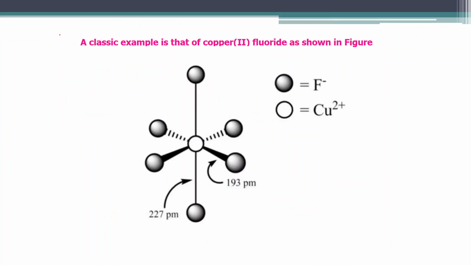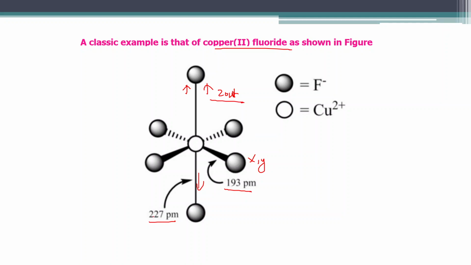That is another consequence. And a classical example is copper hexafluoride. Copper hexafluoride is also showing a Z-out distortion. We can see that the copper-fluorine bond length on the Z axis is more than the copper-fluorine bond length in the XY plane, and that is also because of Jahn-Teller distortion.